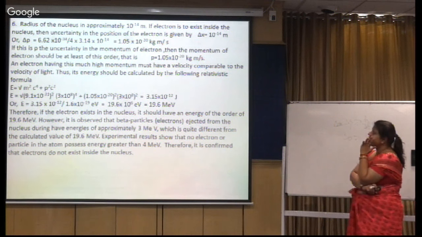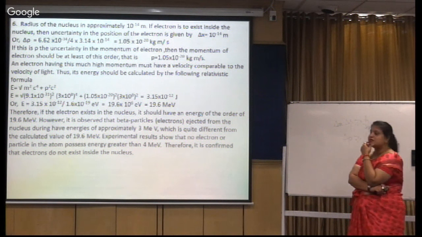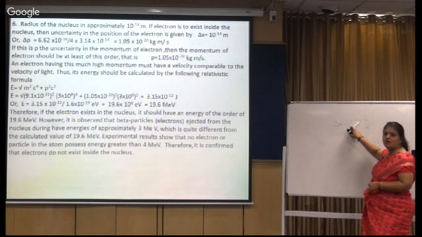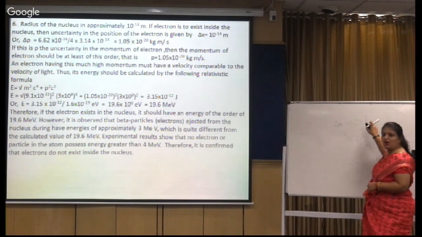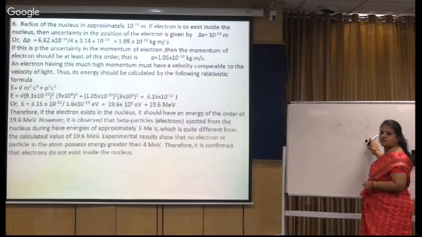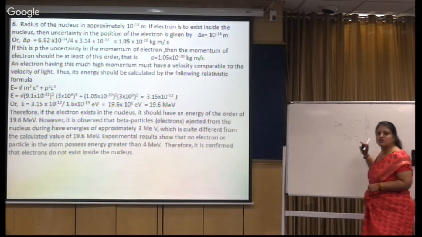If uncertainty in position is of the order of 10 to the power minus 14 meter, then what about delta p, the uncertainty in momentum? Uncertainty in momentum will be h upon 4 pi into uncertainty in position. So 6.62 into 10 to the power minus 34 divided by 4 into 3.14 into 10 to the power minus 14.